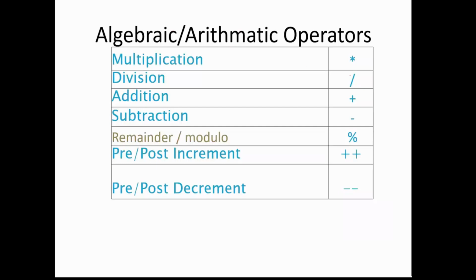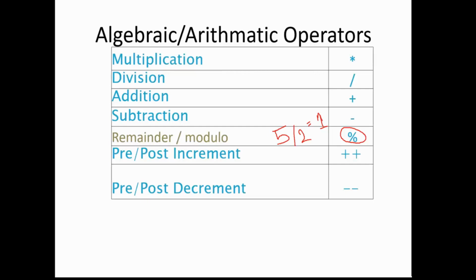And you have a set of arithmetic operators, or algebraic operators. You know these things: multiplication, division, addition, subtraction. And when we come to this one, this is the modulo. That means we usually take the remainder. For example, if we divide 5 by 2, for 5 we have two 2's, and one will be left, right?